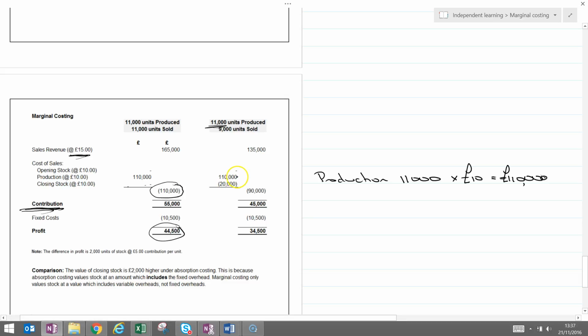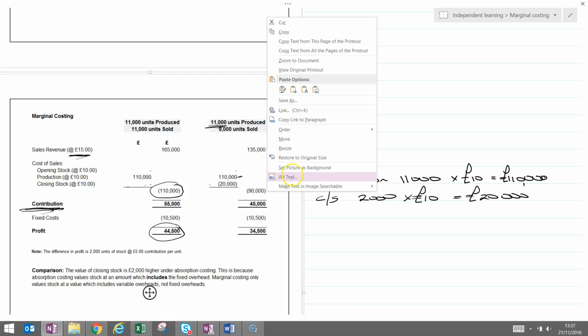So that's 110,000. But this time we have a closing stock. 2,000 units were not sold. We value our closing stock at the production cost, which is £10. Gives us a closing stock valuation of £20,000. So opening stock 0 plus 110 minus 20 gives us our cost of sales of £90,000.